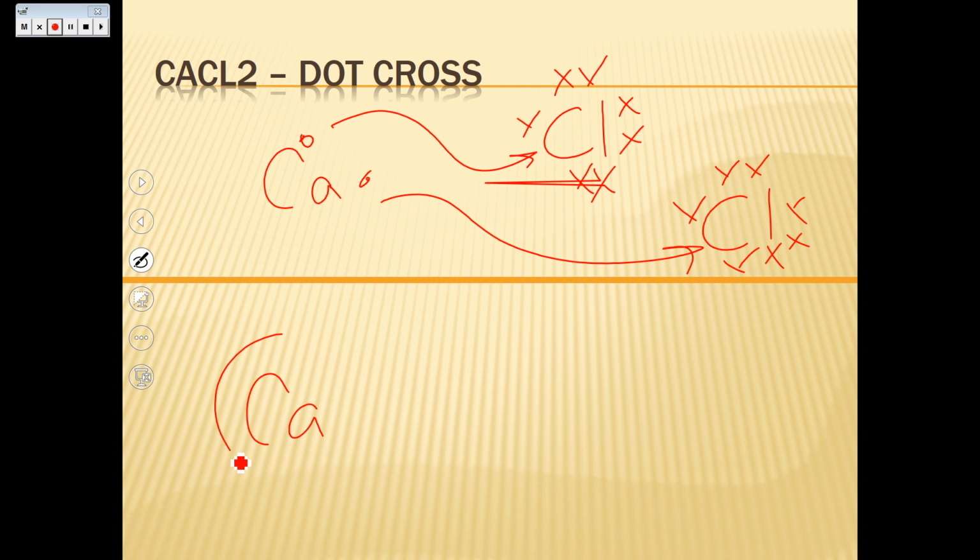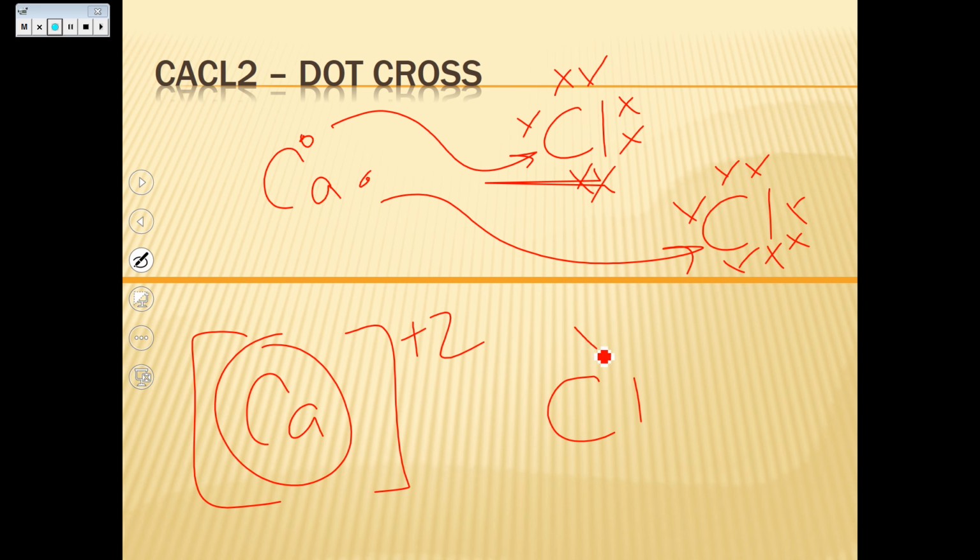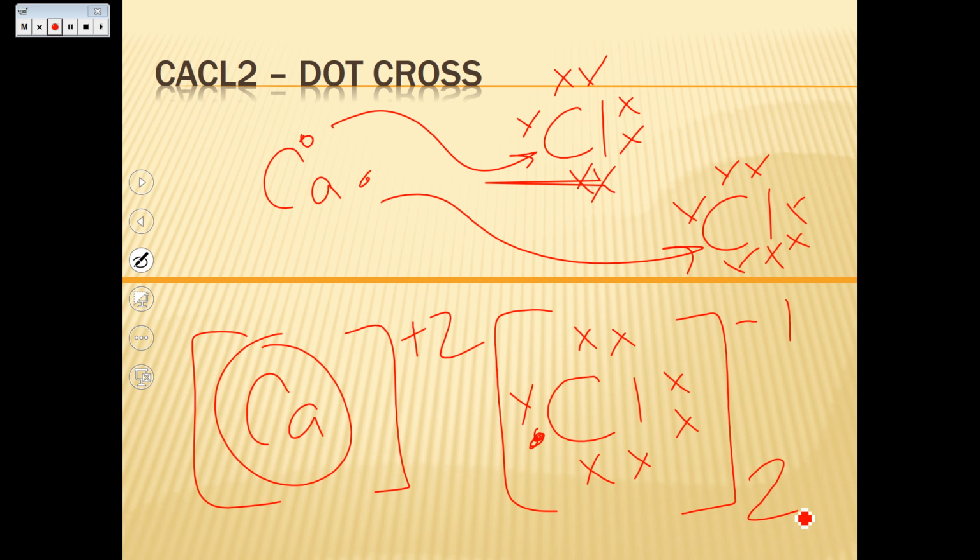So calcium's dot cross is represented with an empty shell because it's lost those 2 electrons. And chlorine, you only have to draw this once, has picked up that electron from the calcium to take on a -1 charge, and then we put a 2 down here to represent that there are 2 of them.